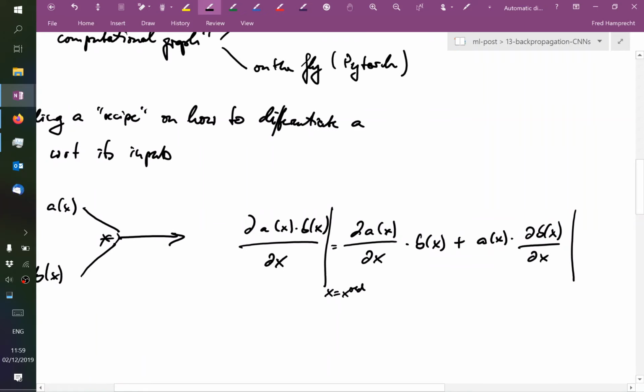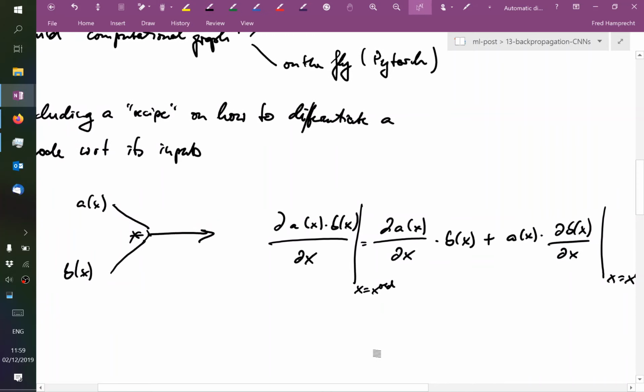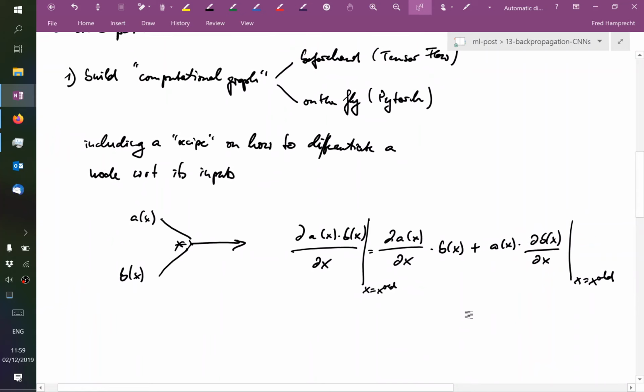So, in other words, if I now want to pass information back from the right to the left, I need to know what were these values that were used in producing that output. And in the language of automatic differentiation, this is called the primals that need to be stored here.